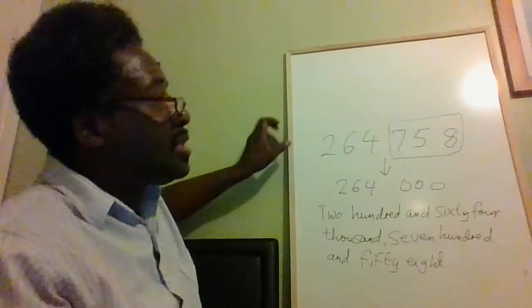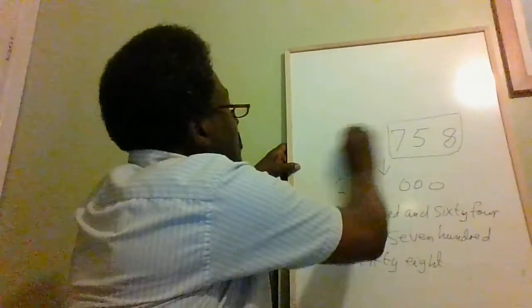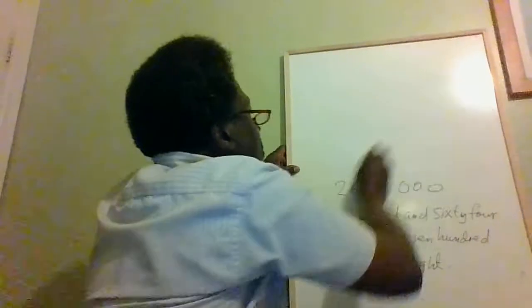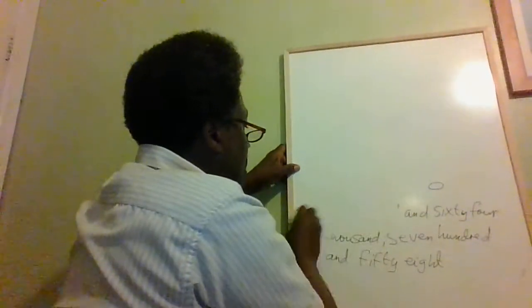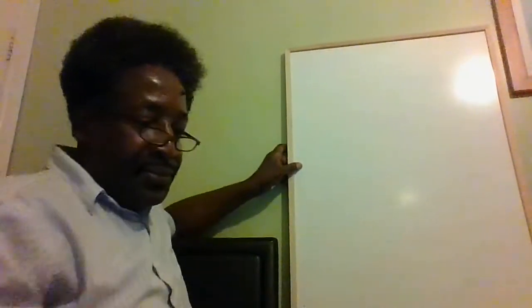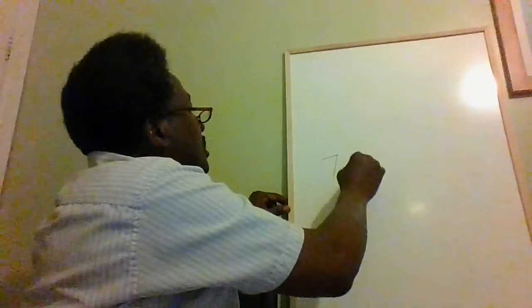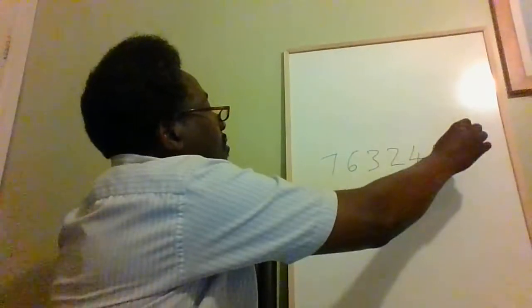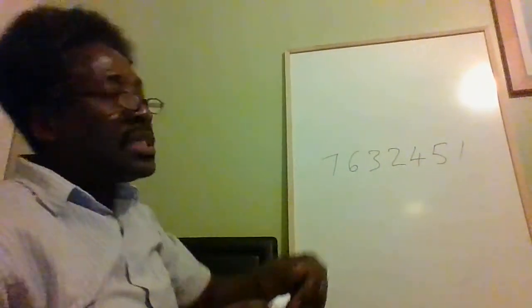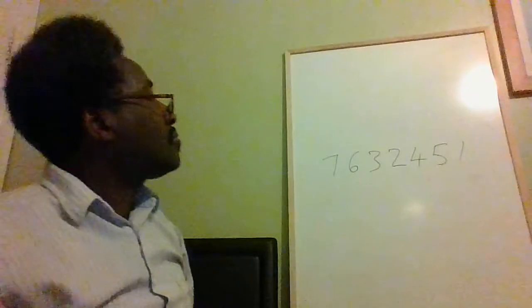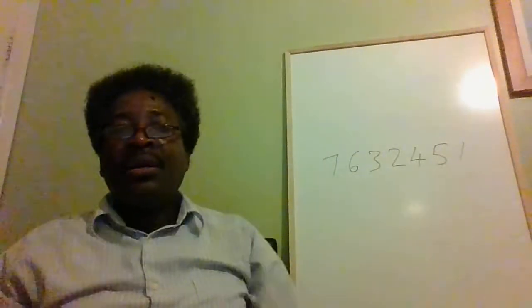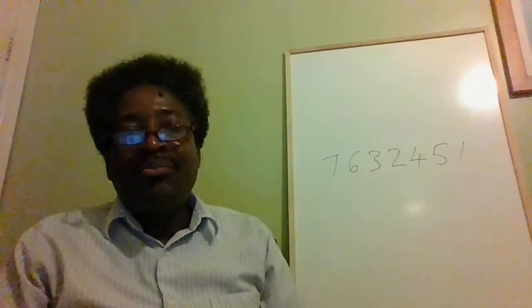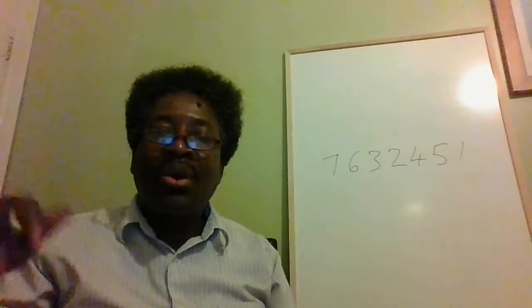Let's write a 7-digit number on the board. 7, 6, 3, 2, 4, 5, 1. That's a 7-digit number. Now, with the 7-digit number, the rule changes from what it was before.